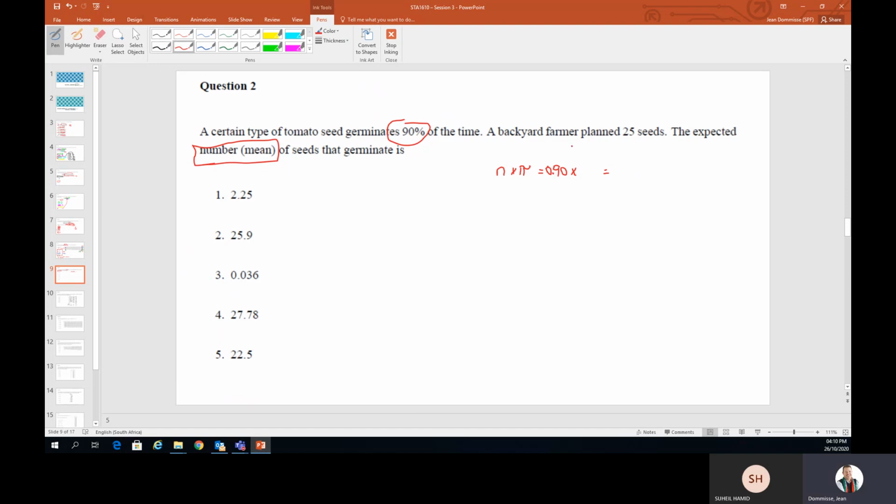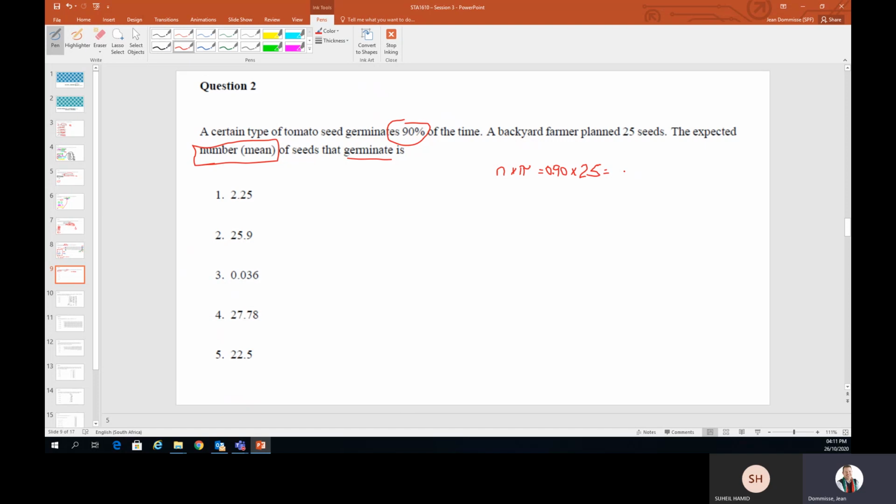A backyard farmer plants 25 seeds. What is the expected number of seeds that will germinate? So I assume that means that it will grow. So let's quickly see.